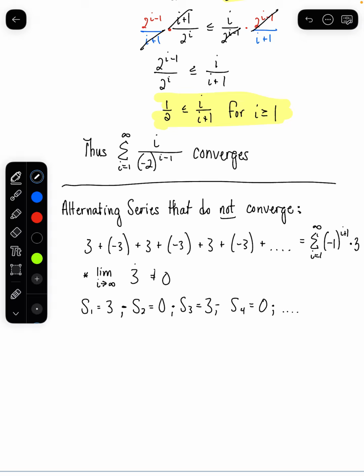Thus, this is not going to converge. It is an alternating series, but it doesn't converge. And in this case, it doesn't converge because it violates the first condition. It actually does meet the second condition because the magnitude of the terms don't get any bigger as we go. But unfortunately, they also don't get any smaller.